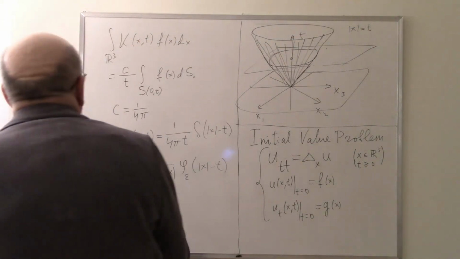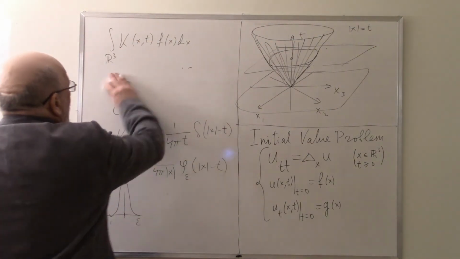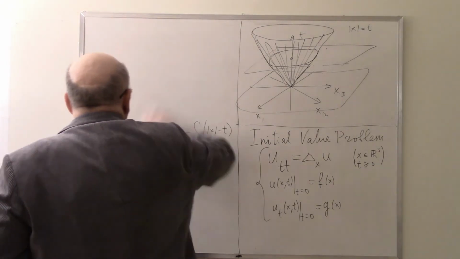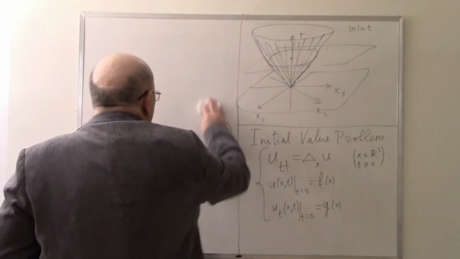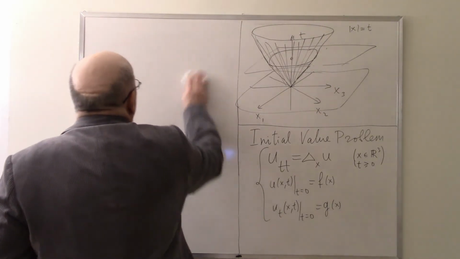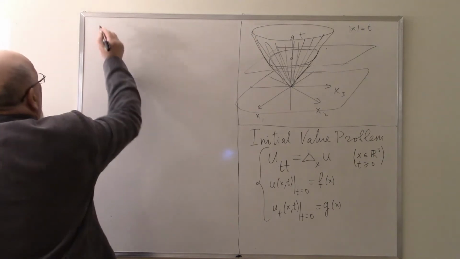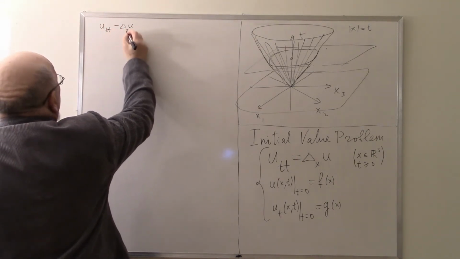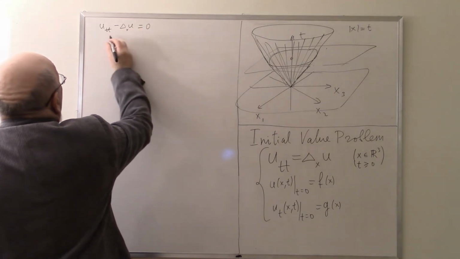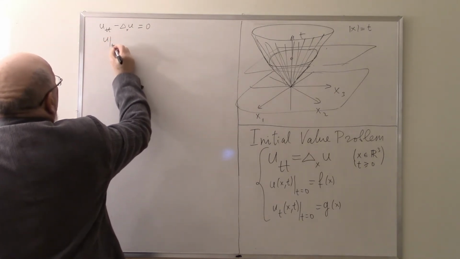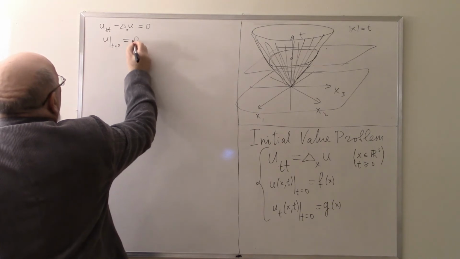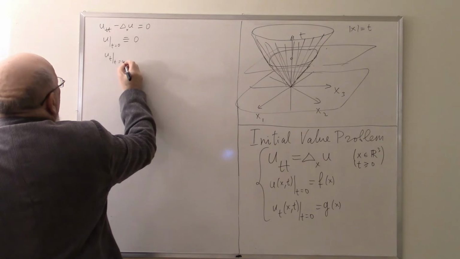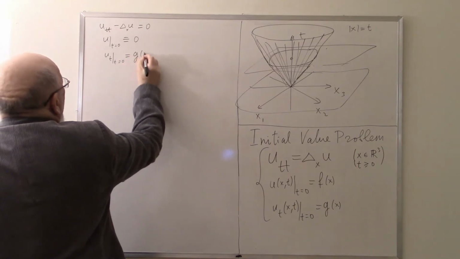Moreover, I want to consider the more restricted problem. Namely, I want to consider the problem u_tt minus delta u with respect to x equals 0, u for t equals 0 equals 0, and u_t for t equals 0 equals g of x.